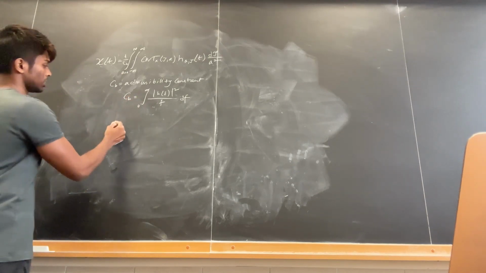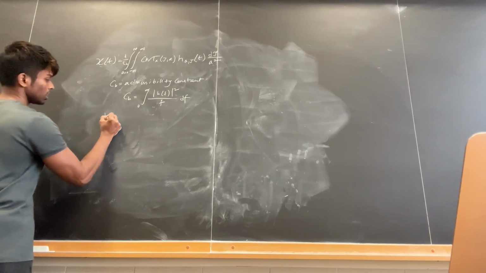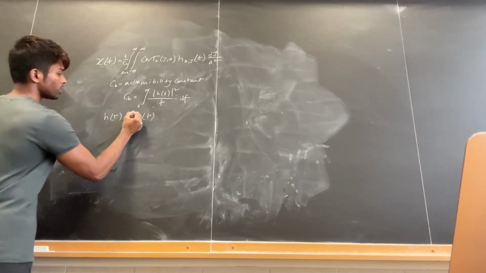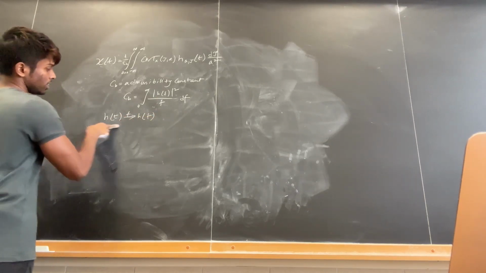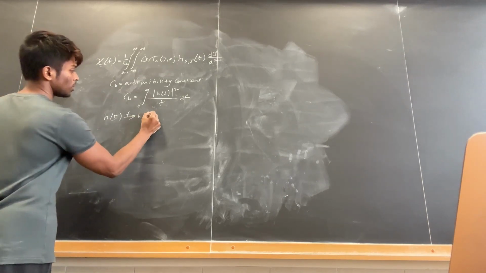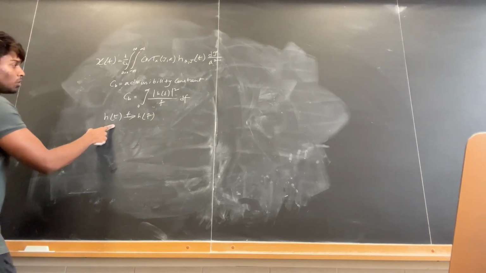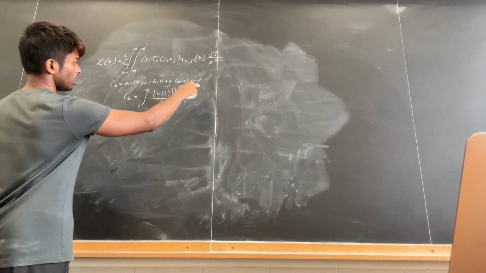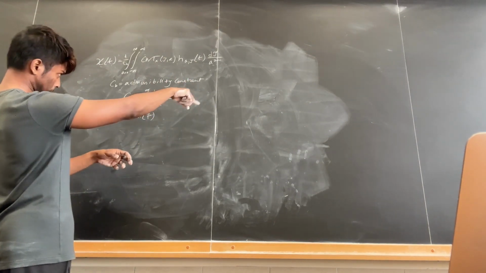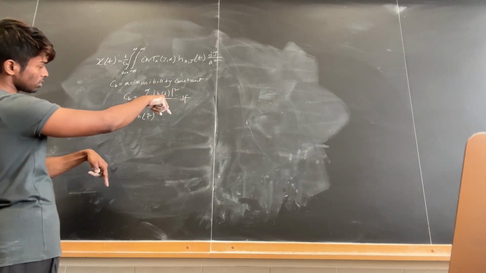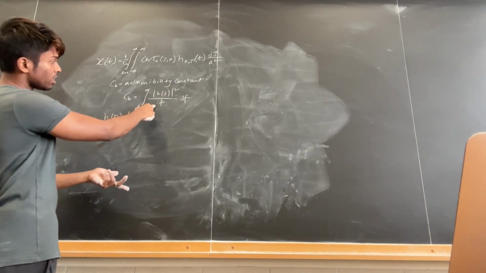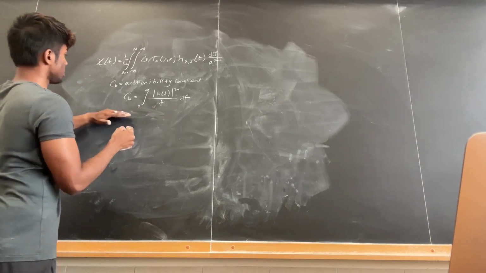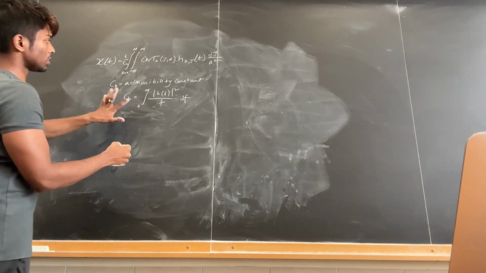So what is H(f)? If we have the wavelet function h(t) and it has a spectrum H(f), that is the Fourier transform of the wavelet h(t). So mod of H(f) square df is basically the area of the signal in the spectral domain, but divided by f also. So this basically gives us the idea of Ch, the admissibility constant.